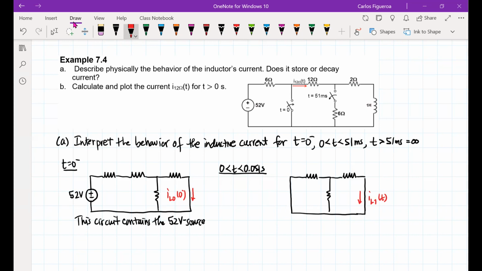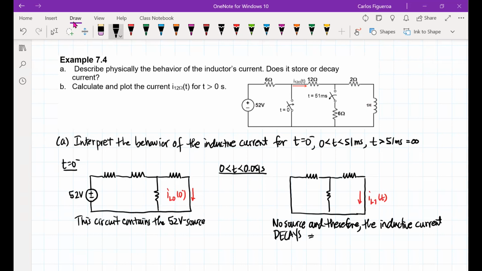What you're seeing here is that I have no source, and therefore the inductive current decays.